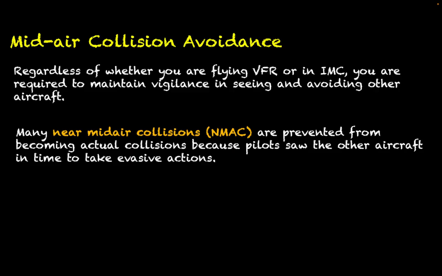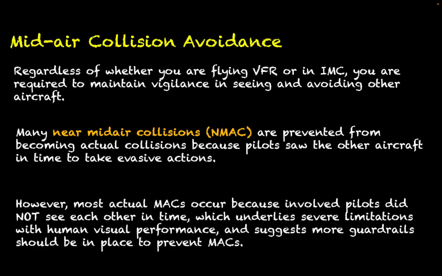So it turns out that many near mid-air collisions, so a mid-air collision that could have been but was avoided, many of these are prevented from becoming actual collisions because pilots did see the other aircraft in time to make evasive actions. However, most actual mid-air collisions occur because the involved pilots did not see each other in time.